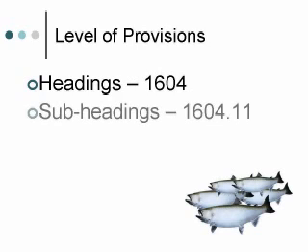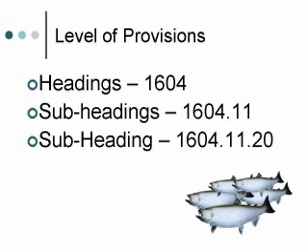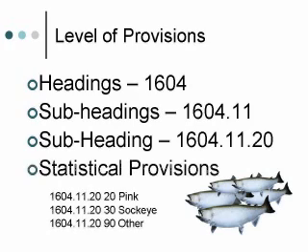Now we are going to a 6-digit heading for salmon, which is 1604.11. Under the 6-digit heading, our product falls into the 8-digit heading, 11.20, in oil and airtight containers. Now we have a statistical provision in the 9th and 10th digits as someone in the government wants to know what kind of salmon went into the can. It can either be pink, sockeye, or other.